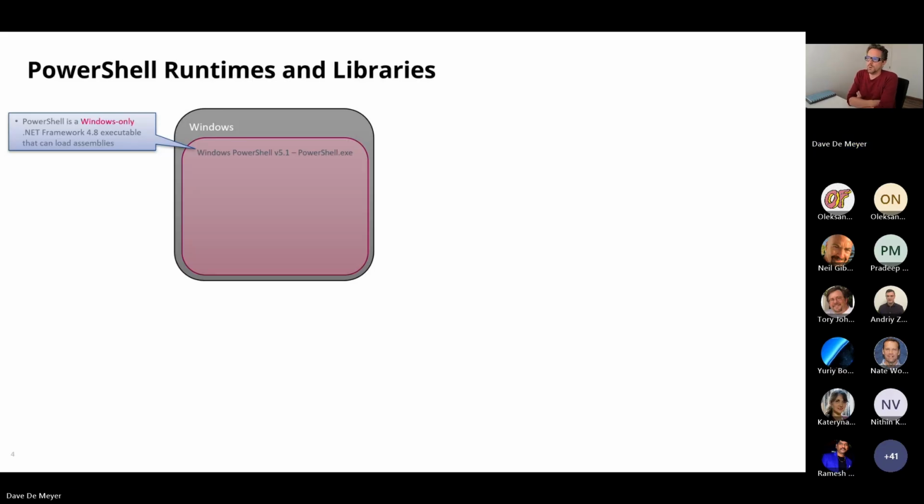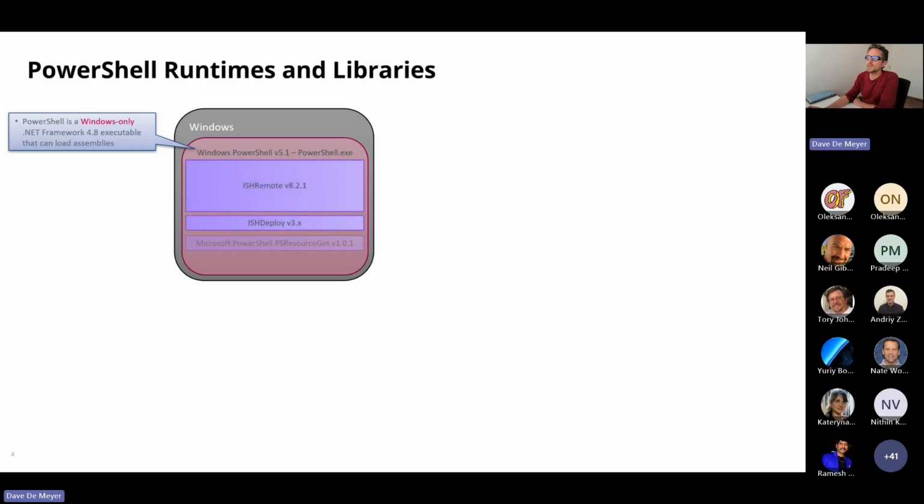So what is PowerShell? PowerShell, or in this example here, Windows PowerShell version 5.1. That is the PowerShell that comes installed with many of the Windows editions, client and server editions. It relies on .NET Framework 4.8, which means by definition that it is Windows only.